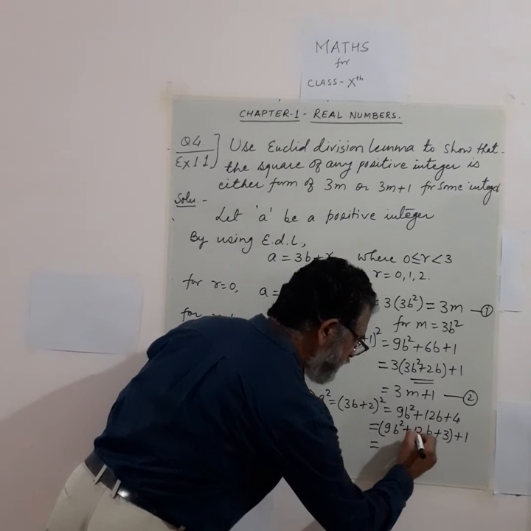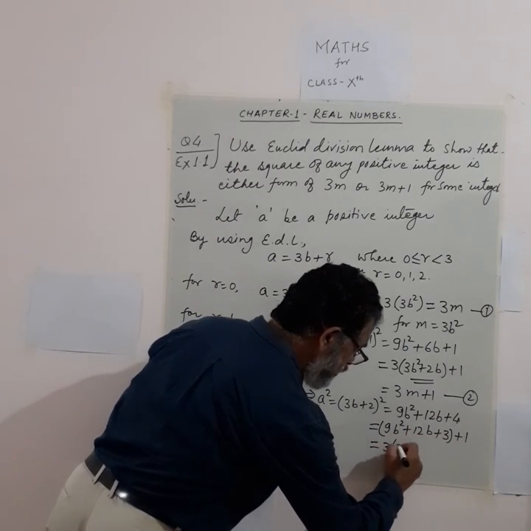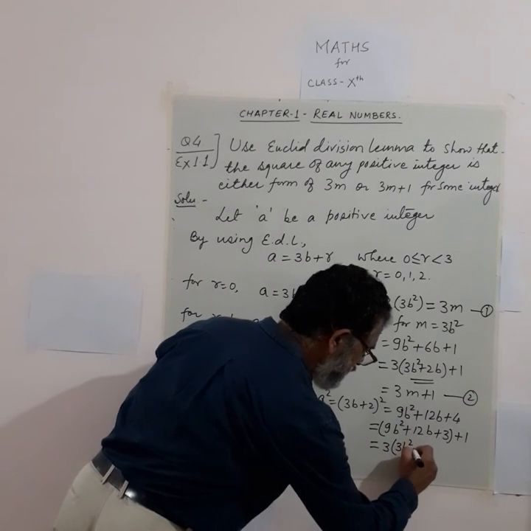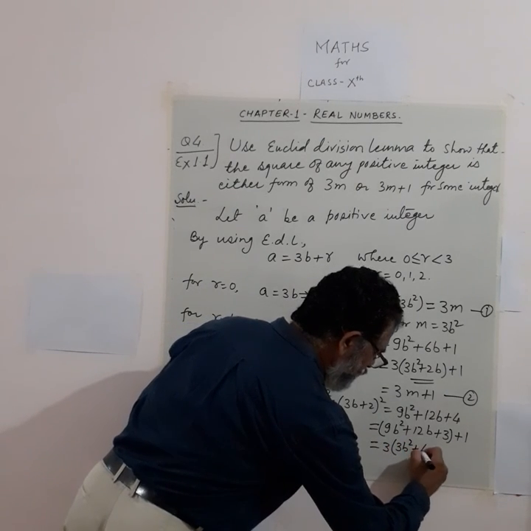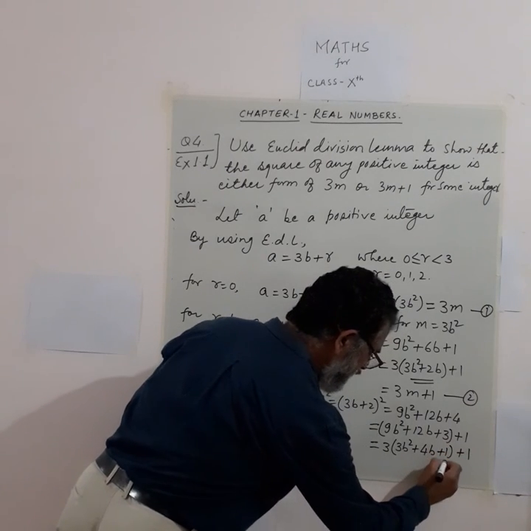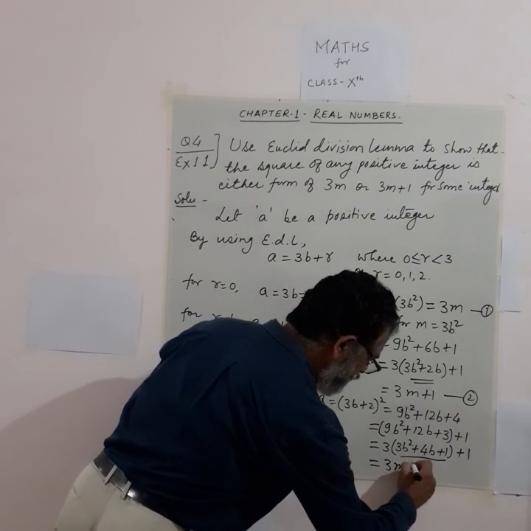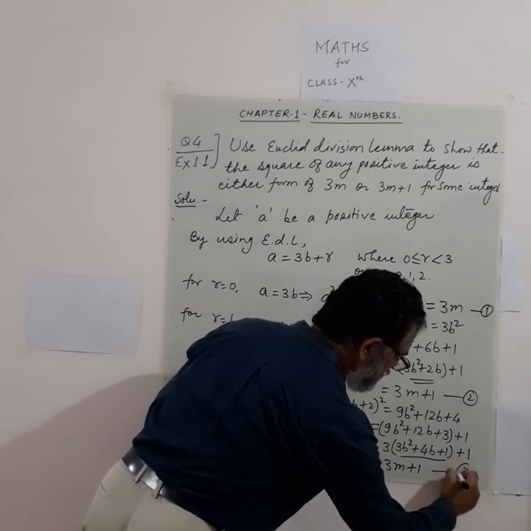Now here we take 3 common. So it becomes 3 times 3b square plus 4b plus 1, again plus 1. This is an integer, so it is 3m plus 1. This is number 3.